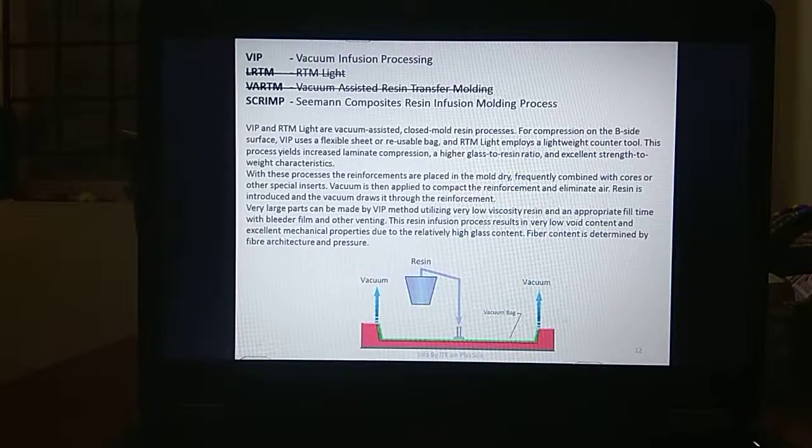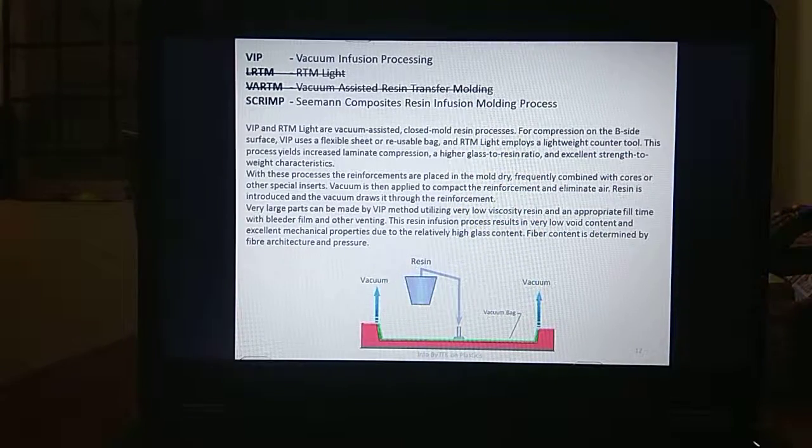For compression of the B side surface, the vacuum infusion process uses a flexible sheet or reusable bag, and in RTM Light it implies a lightweight counter tool or B surface, unlike full RTM which is heavy.